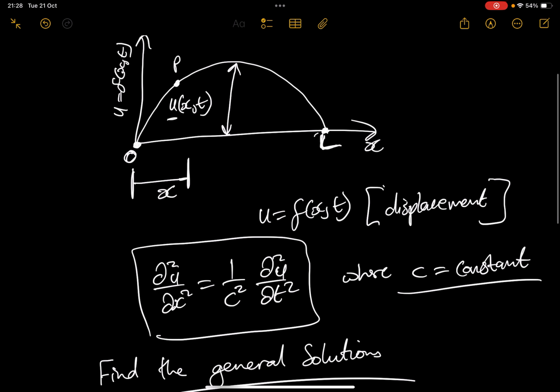So what does this mean? This case suggests that the string is stationary, which we know is wrong.